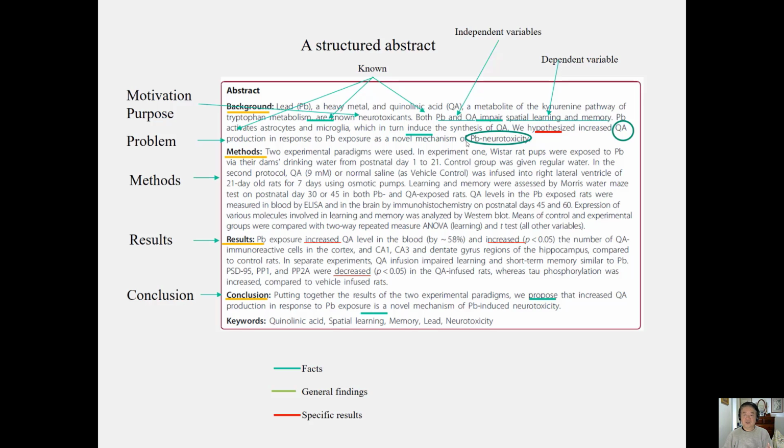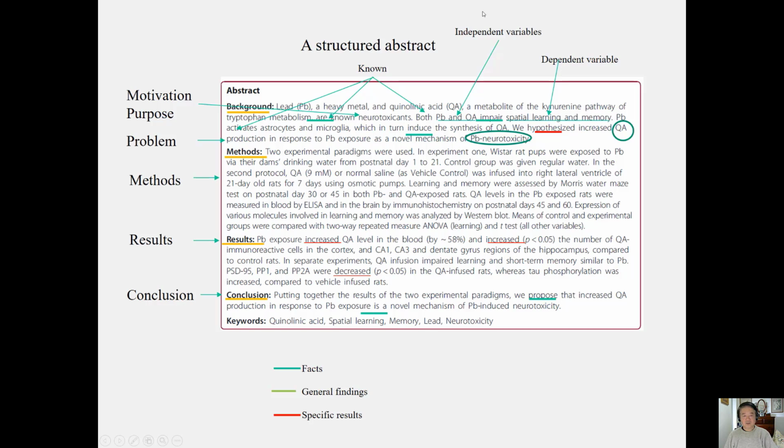Therefore, it is hypothesized that the lead can stimulate the cells to produce quinolinic acid. The quinolinic acid can cause neurotoxicity. So this is the layout: what is known, what is the unknown, put together.